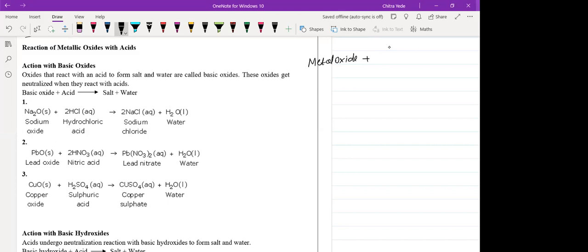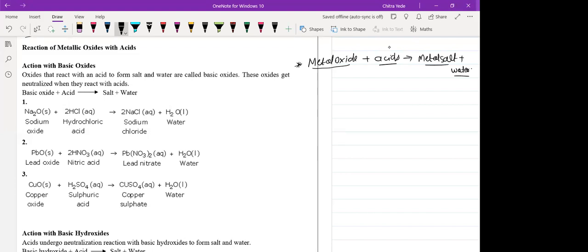When they react with acids, they produce metal salt and water. So it is nothing but a salt and water type of product. That means if we have an acid here, the metal oxide is acting as a base. So it is a kind of neutralization reaction.